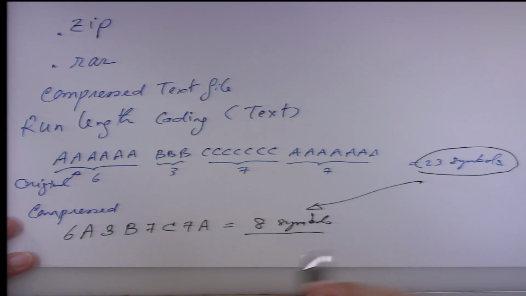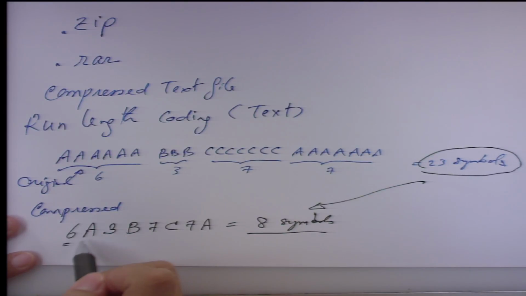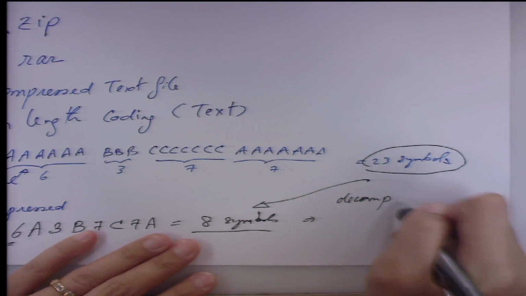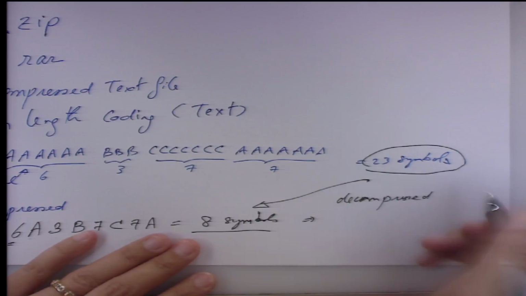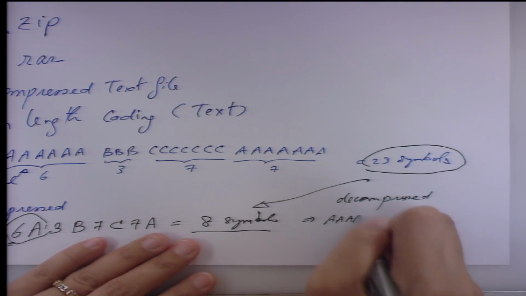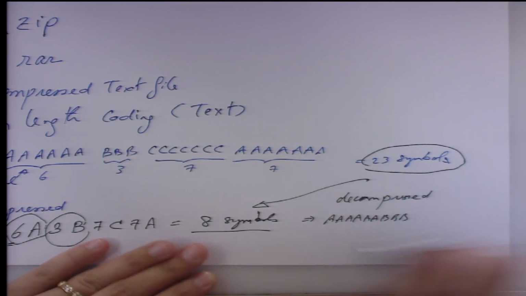Now, at the receiver, if the receiver saw this and has agreed with the sender that this is the number of the symbols that follow, of how many times A will repeat, then at decompression, 6A equals six A's, 3B equals three B's, 7C equals seven C's, and so on.